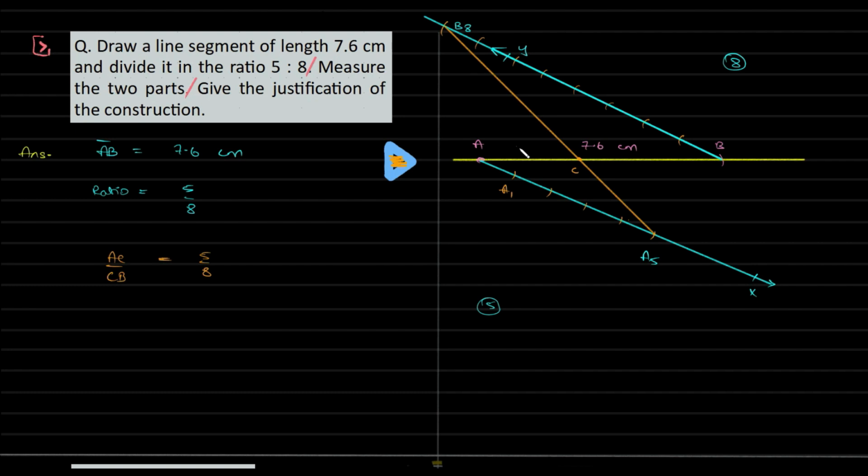So this is 3. So we'll write it over here. AC is equal to 3 approximately, and CB is equal to 4.6 centimeter approximate.